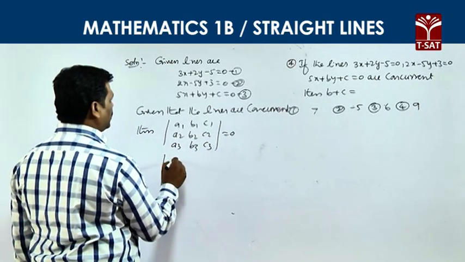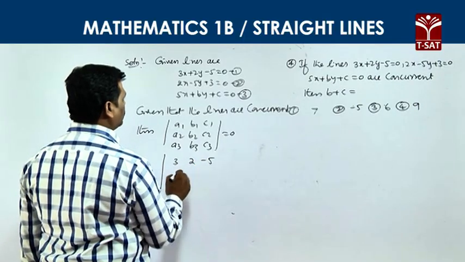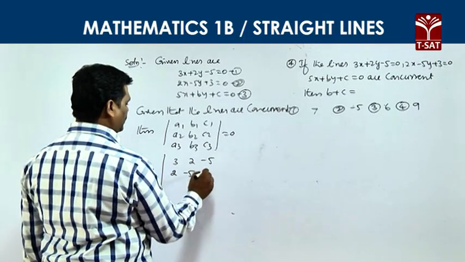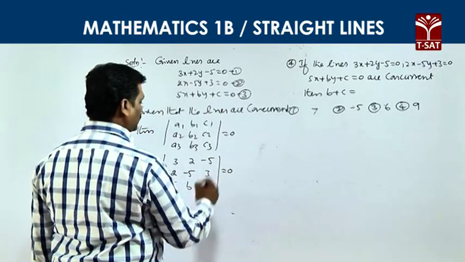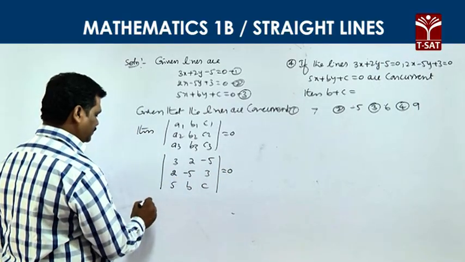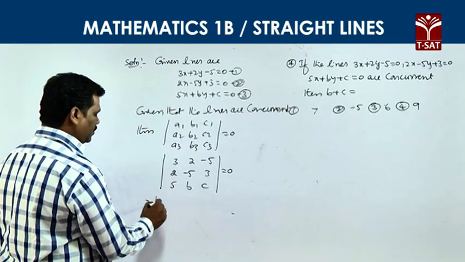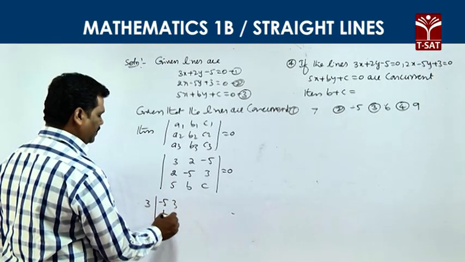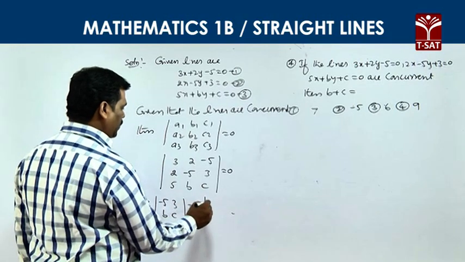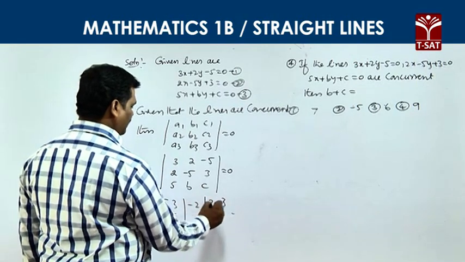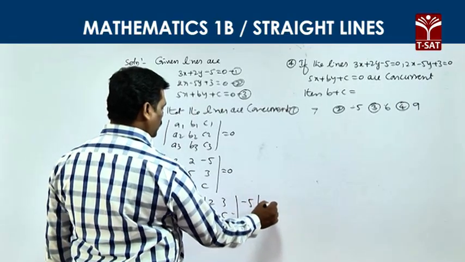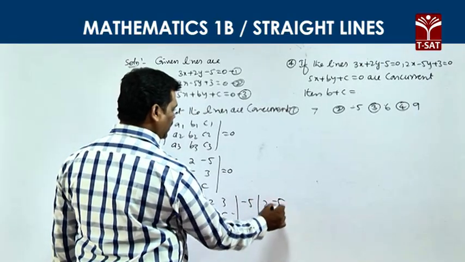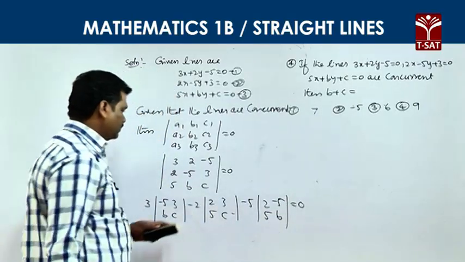That means the determinant with rows (3, 2, −5), (2, −5, 3), (5, b, c) equals 0. It can be written as 3 into the minor (−5, 3; b, c), minus 2 into (2, 3; 5, c), minus 5 into (2, −5; 5, b) equals 0.